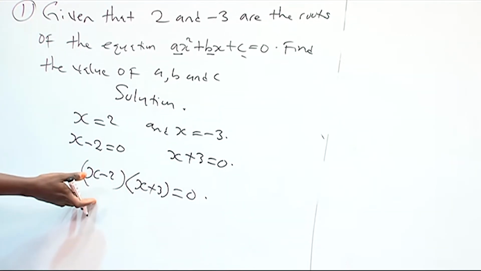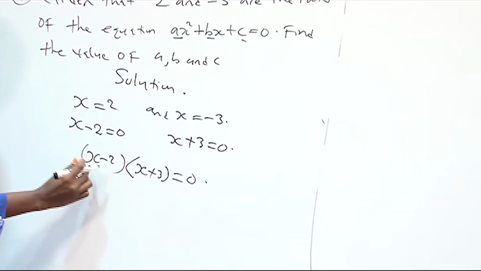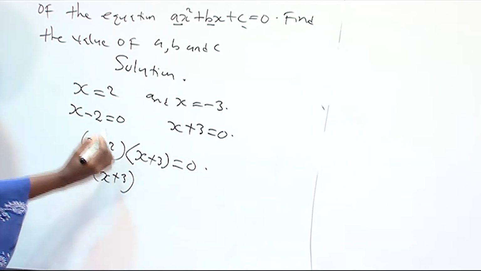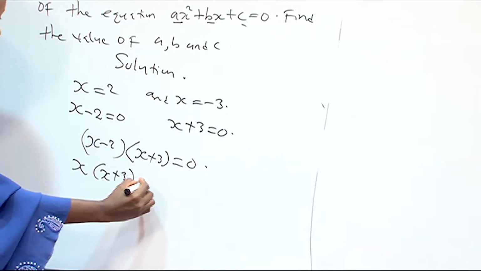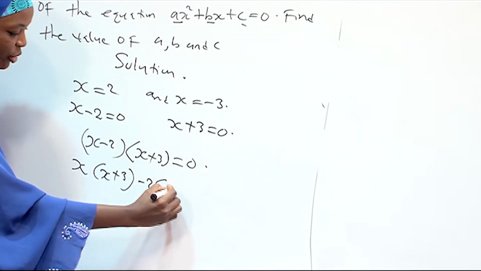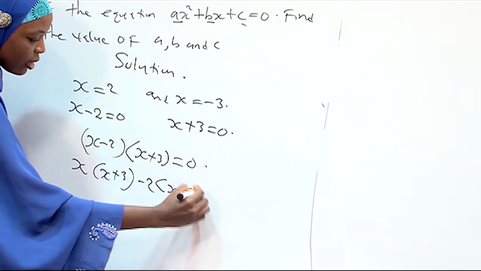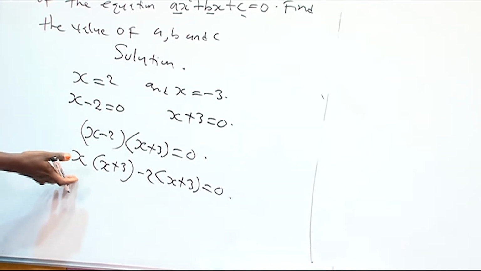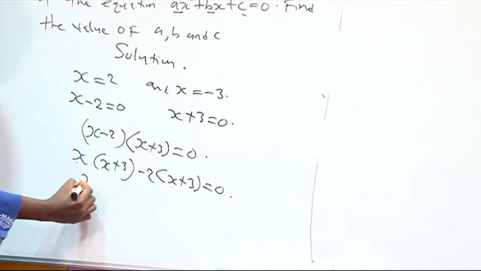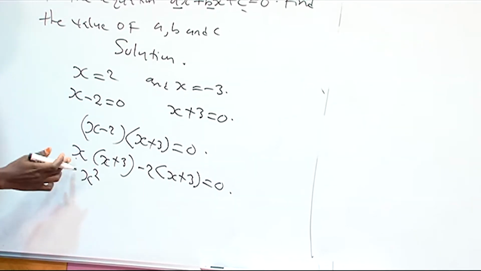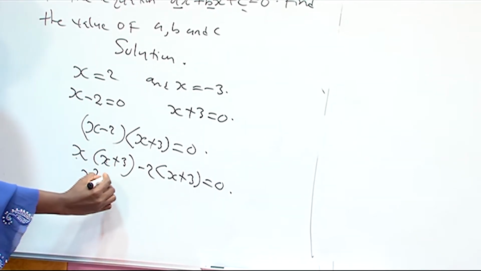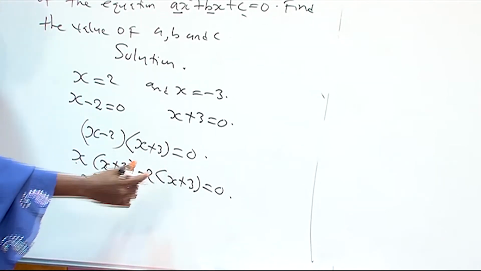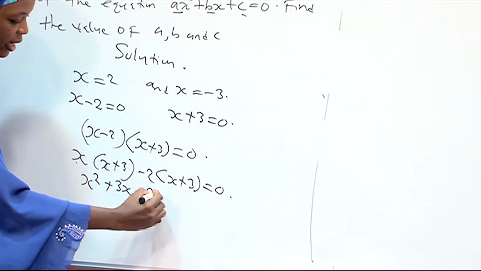Opening up this bracket, we have x with the bracket x plus 3. Then the second term in the first bracket is minus 2, which you multiply with the second bracket, x plus 3, all equals 0. Now we open up the bracket. That is x times x, x squared. x times plus 3, you have plus 3x. Minus 2 times x, minus 2x.